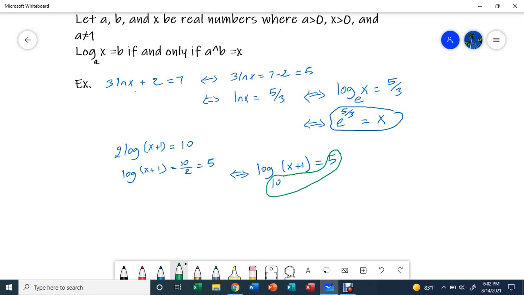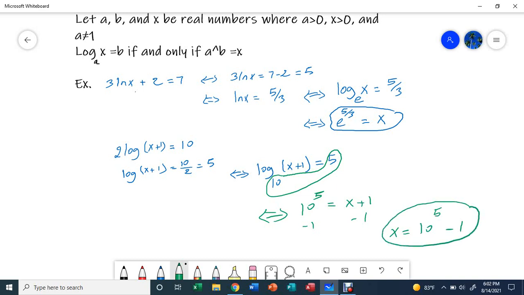So this is equivalent to 10 to the 5th power equals x plus 1. And if you subtract 1 from both sides, we are done. So the solution for this equation is x equals 10 to the 5th power minus 1, using the definition of log.